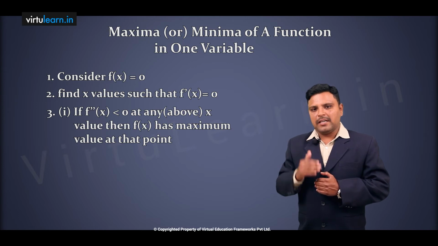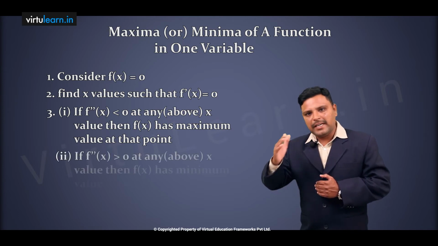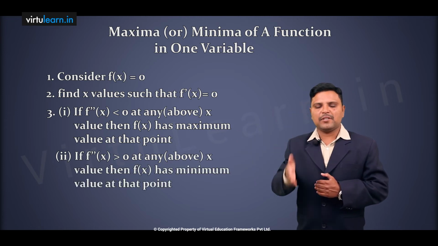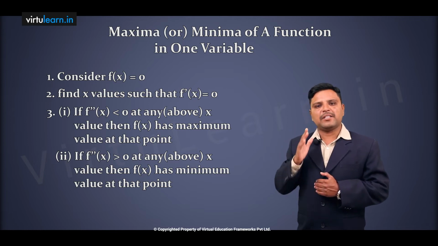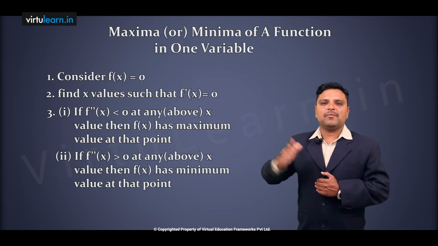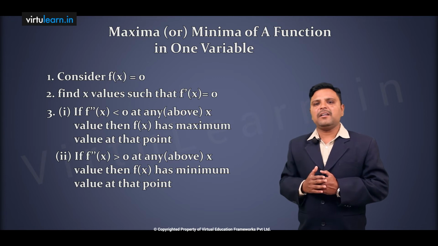Second, in the other conclusion, suppose f double dash of x is less than 0 at the same point. If you substituted x equal to 1 before, here also you have to substitute 1. If f double dash of x is less than 0, then f has a maximum value. Again you substitute that point in f, then automatically we will get the maximum value.